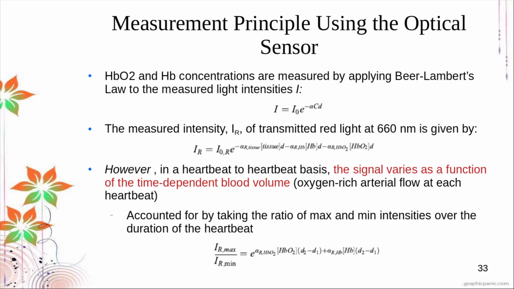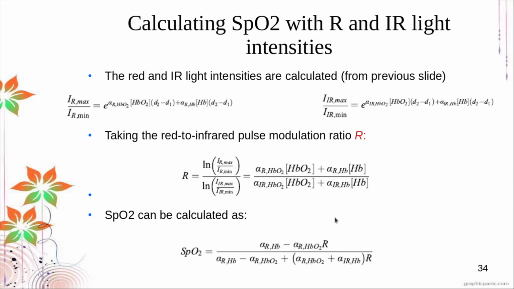These differences should be accounted for by taking the ratio of the maximum and minimum intensities, because at each pulse you will have a peak, a very high SpO2 level, and then it goes down immediately. To correct this problem, if you want the average or the actual concentration, just get the ratio of the intensities of the light.